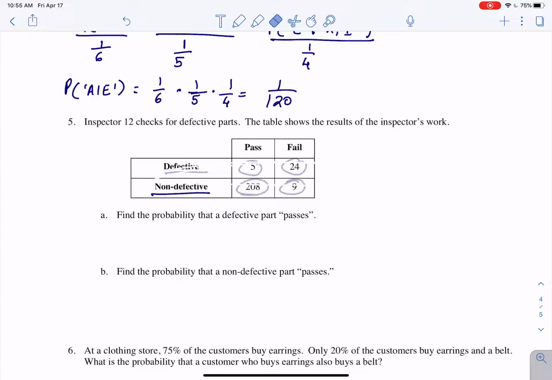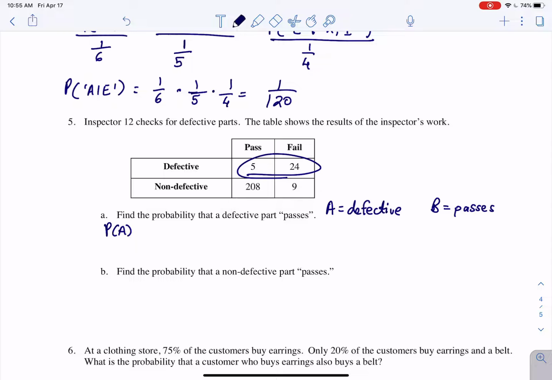So we want to know, what is the probability that a defective part passes? Event A here is that it's a defective part, and event B is that it passes. So the probability of A, that it's defective, well, we have 29 defective pieces out of... one thing that helps on this is to add up all of these values.